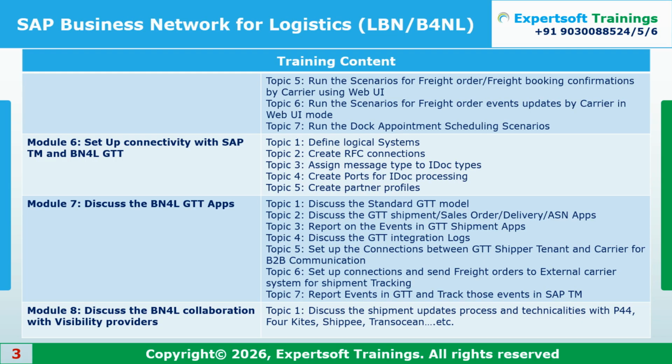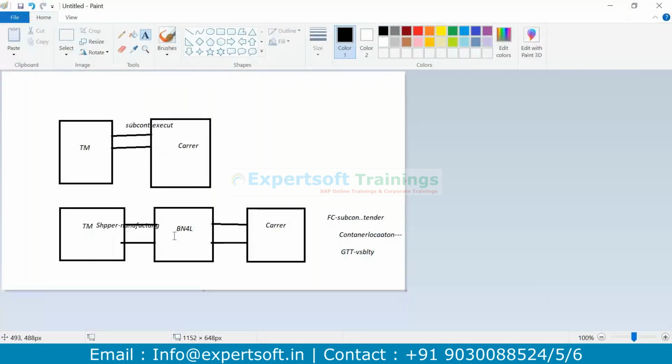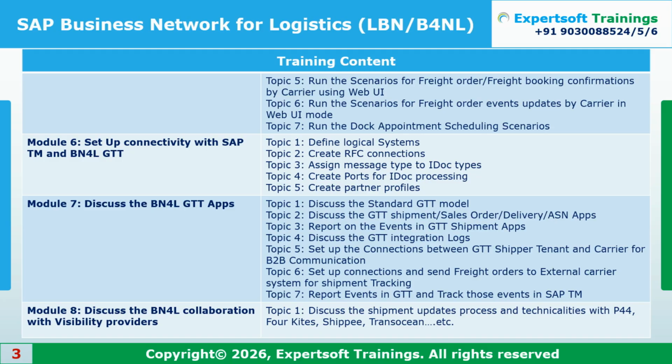The next topic is GTT: what is the connectivity to get this functionality, BN4L GTT? We have some different functionalities, such as logical systems to define RFC connections, because these two are different systems. They are not in the same system. The communication will happen from the TM system to BN4L. It is RFC based connections and all.